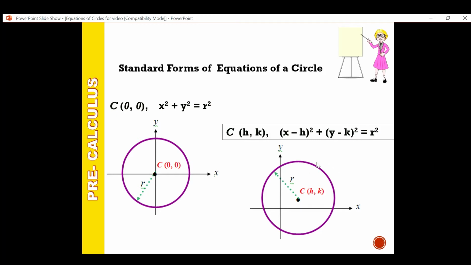So, tandaan class, meron tayong dalawang equation ng circle natin. Una, kapag ang center ay nasa 0, 0, at ang isa naman is kapag nasa h, k yung center natin. So, tandaan natin yan.